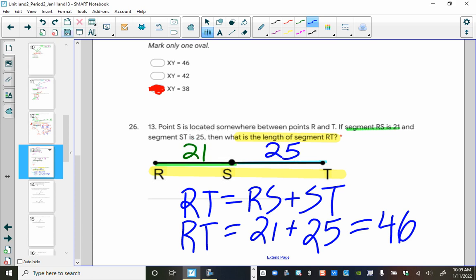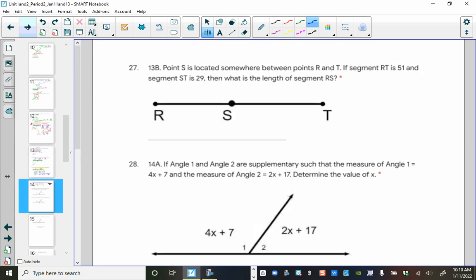All right, now, for the other part. Now, here's the difference. RT, they said, was the entire distance, which is 51.